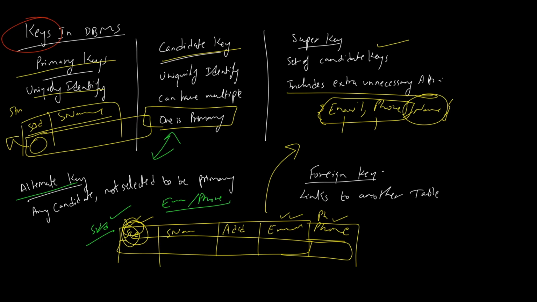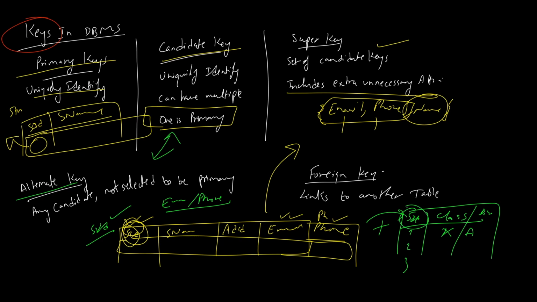Okay, foreign keys, simple enough. We have another relation where there's the student ID and some other field, let's say the class that they are attending. They're in 10th class, in 10th A, or you can add division as well. And this is the student ID 1, 2, 3, like that. So here we know that student ID is used as a foreign key. Foreign keys cannot be null.